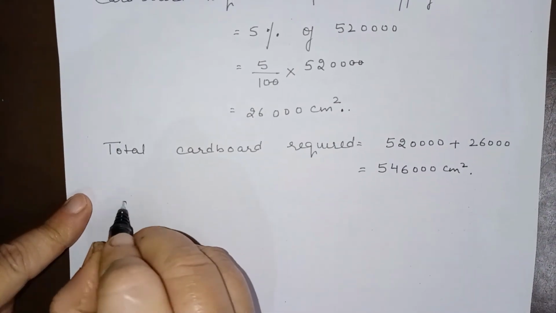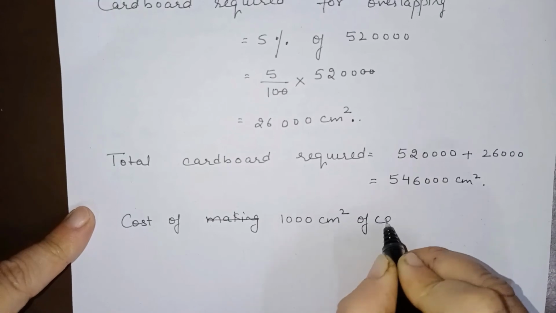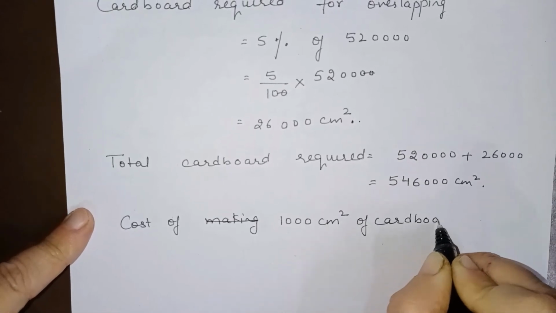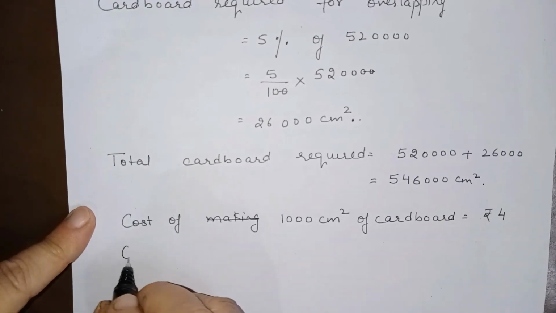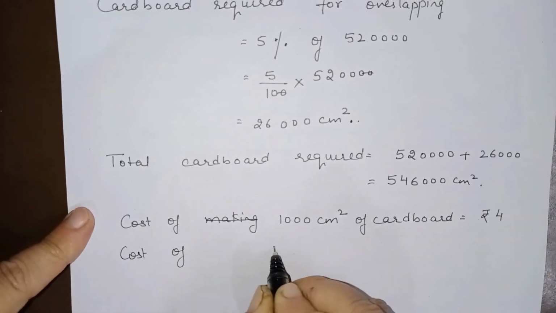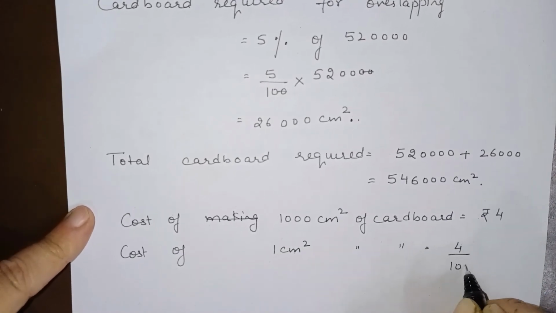So for this, it is given that cost of 1000 centimeter square of cardboard is rupees 4. So cost of 1 centimeter square of cardboard will be 4 by 1000.